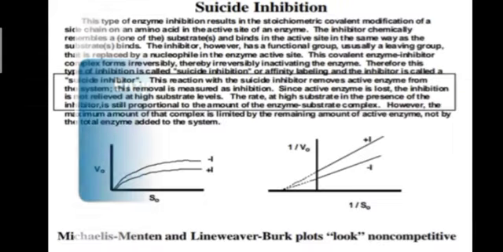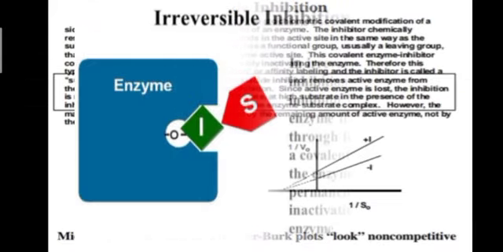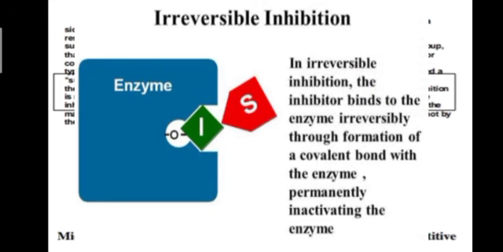Now I am talking about irreversible inhibition. Irreversible inhibitors are those that bind covalently with or destroy a functional group of an enzyme that is essential for the enzyme's activity, or those that form a particularly stable non-covalent association.